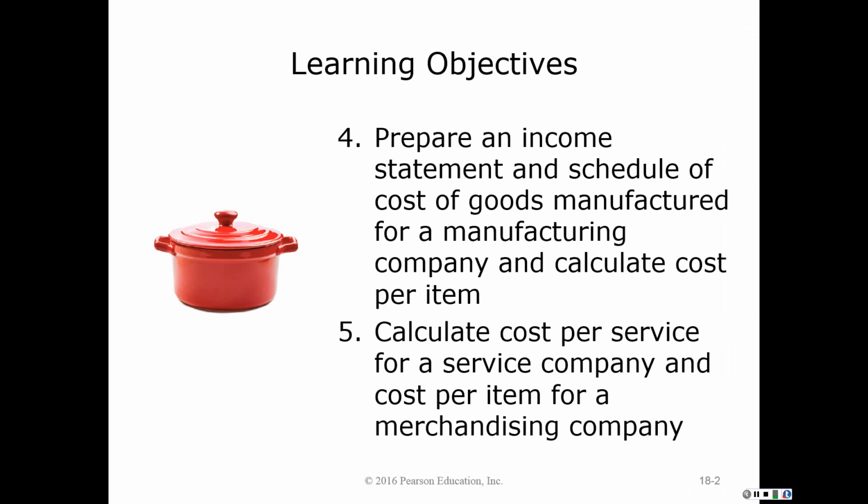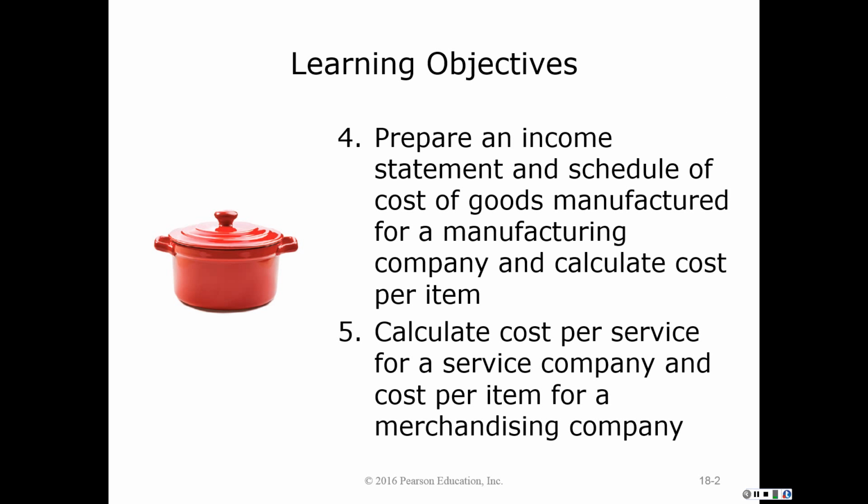We'll also prepare an income statement, which you should be somewhat familiar with now, but we will also look at how we prepare a schedule of cost of goods manufactured. So how do we know what the total cost of manufacturing, our total inventory, and the per unit items in our inventory happen to be?